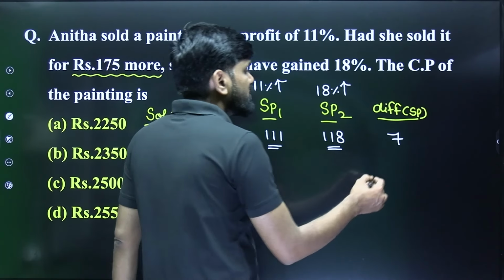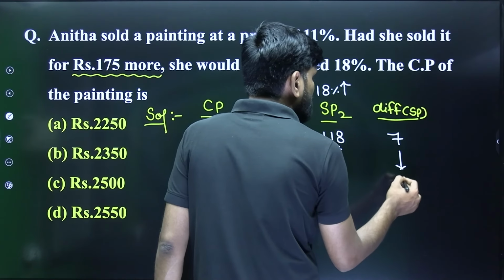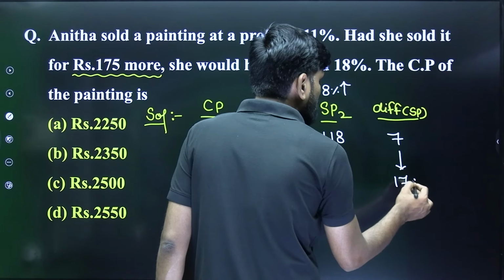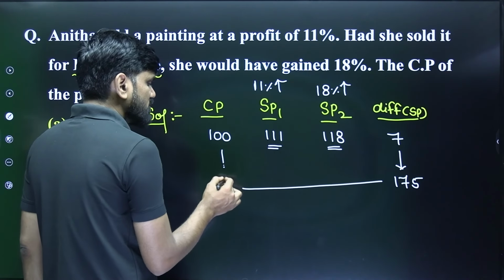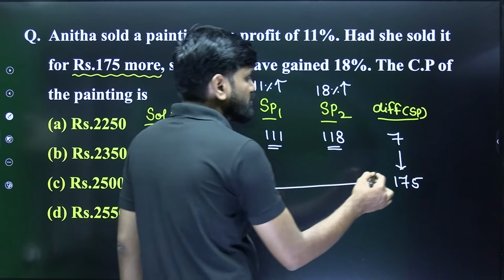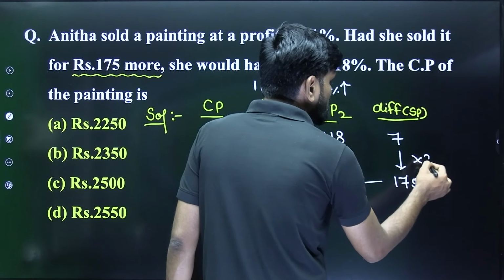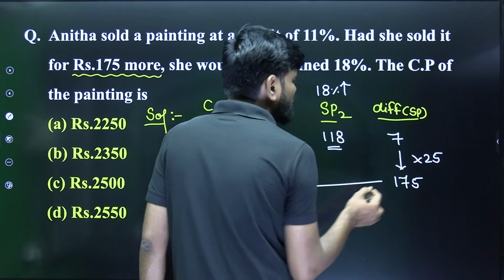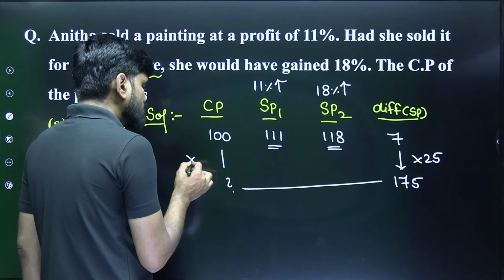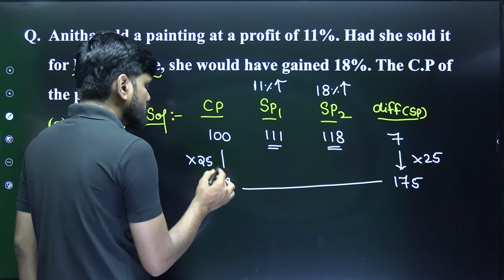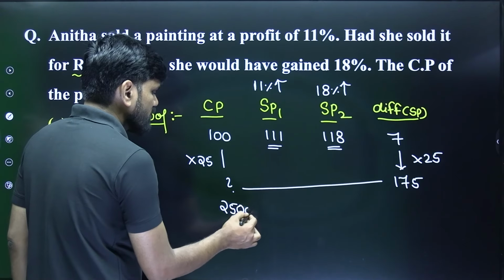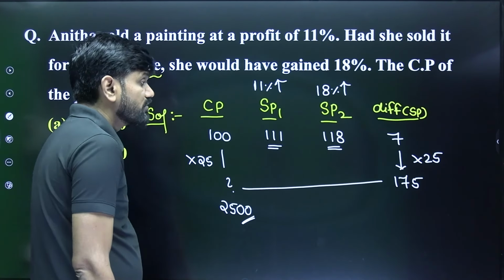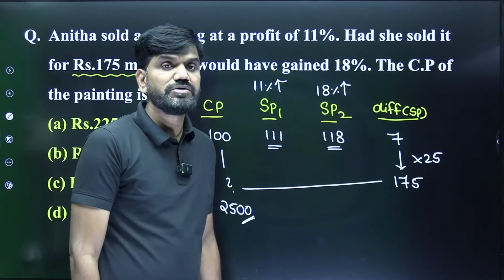But in the problem it is not 7; it is clearly mentioned as 175. How many times is this? 25 times. 25 times 100 will give you 2500. That's how we get it.